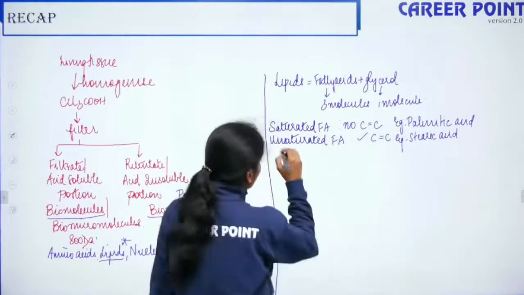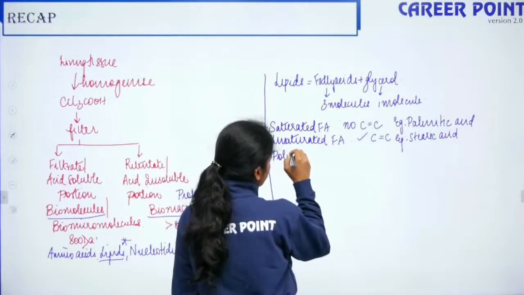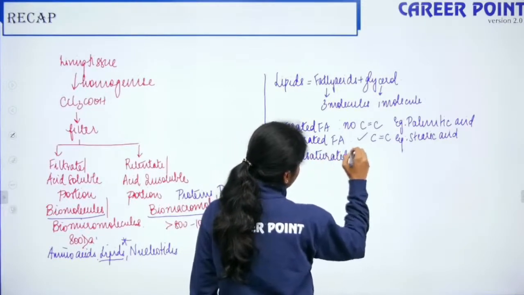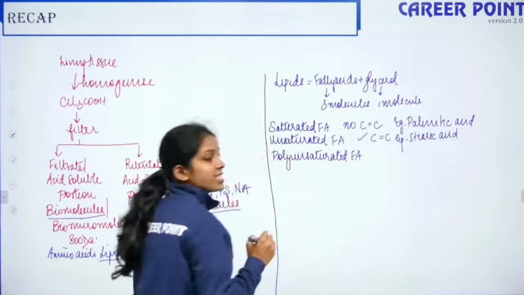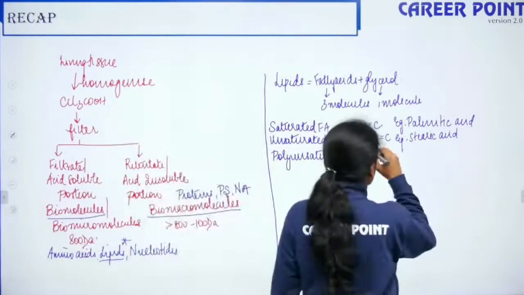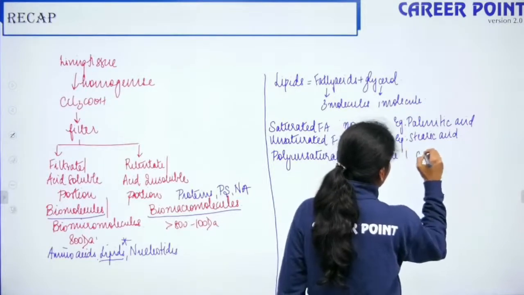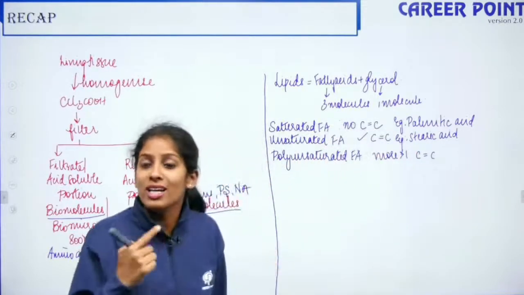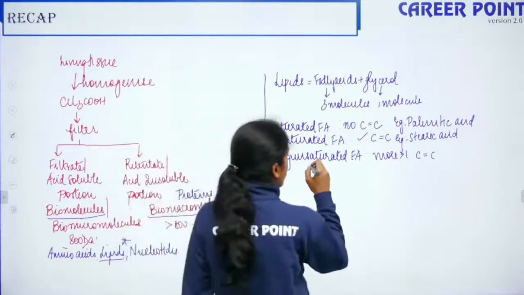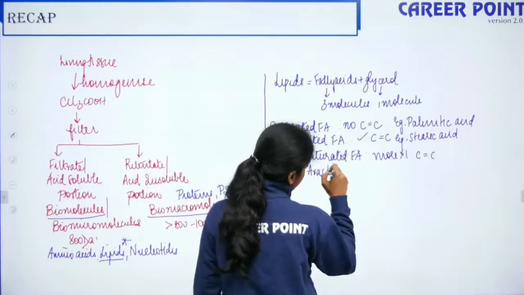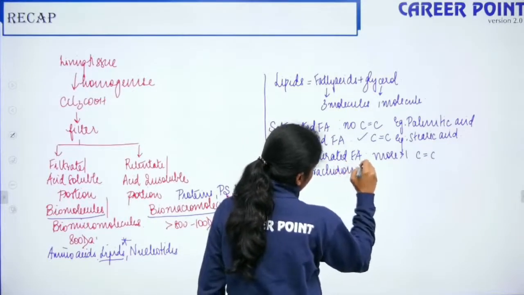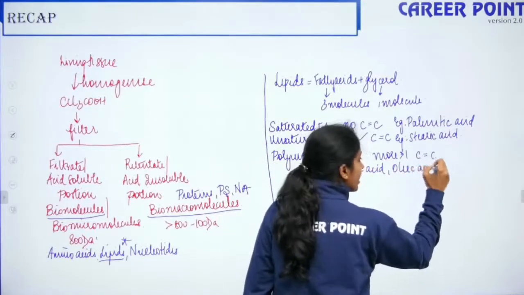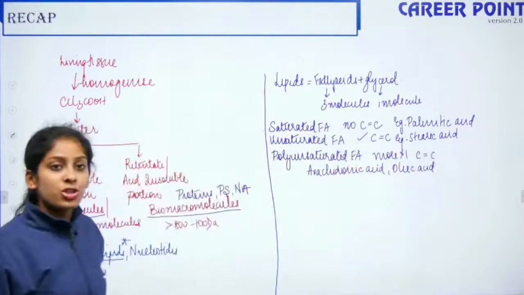Moving further, you have something called polyunsaturated fatty acid, which means they have more than one carbon-carbon double bond. Examples of this are arachidonic acid, oleic acid, linoleic acid, linolenic acid, etc. Which is essential in your body?